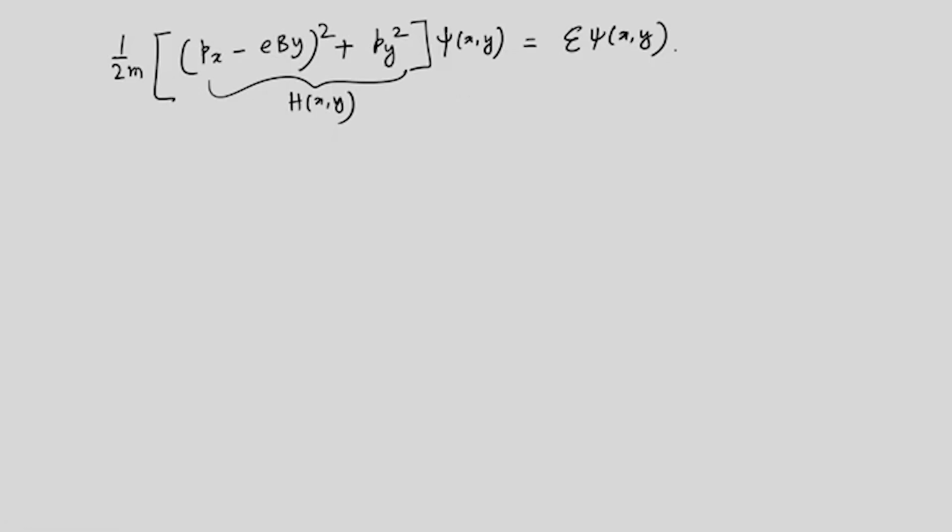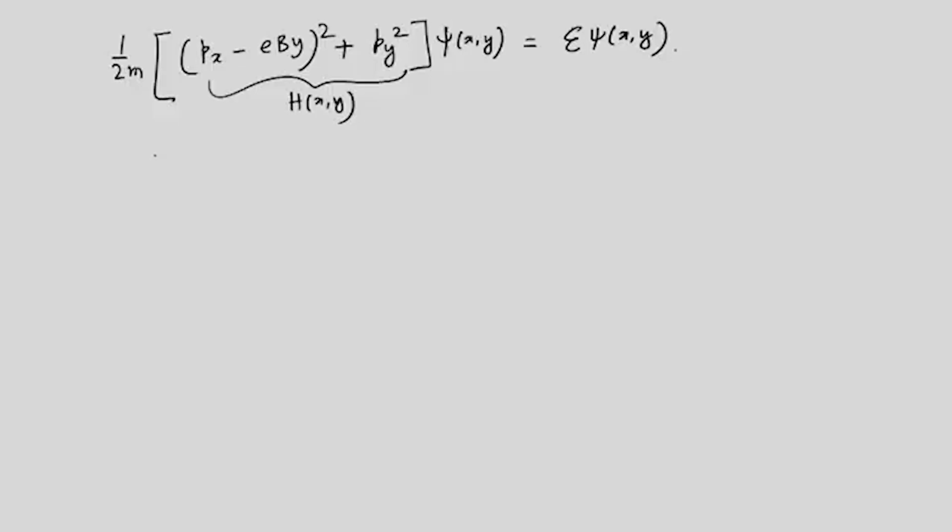So, you have to solve for the eigen solutions, and the eigen solutions are nothing but the psi x y, and the energies epsilon are the two things that one has to solve for. Okay. There is something interesting that happens here. If you want to ask which component of the momentum is conserved, then it is easy to see that Px and Hxy is conserved.